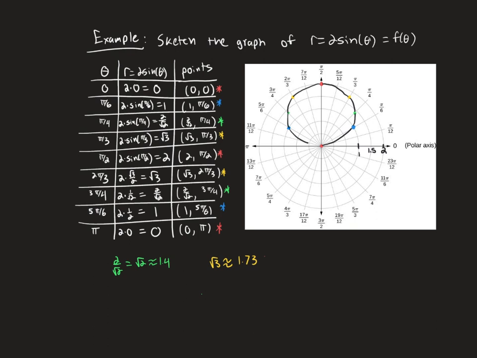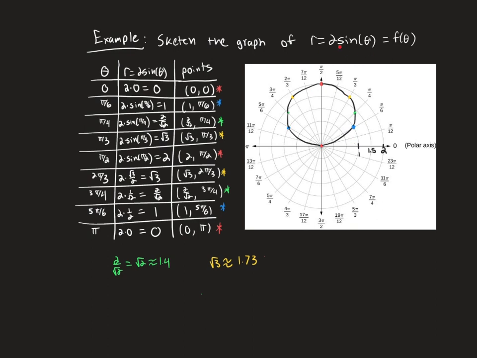And if you go to Desmos, Desmos has polar graphing. You can switch the grid from rectangular or Cartesian into polar, and this is actually a circle of radius 2.